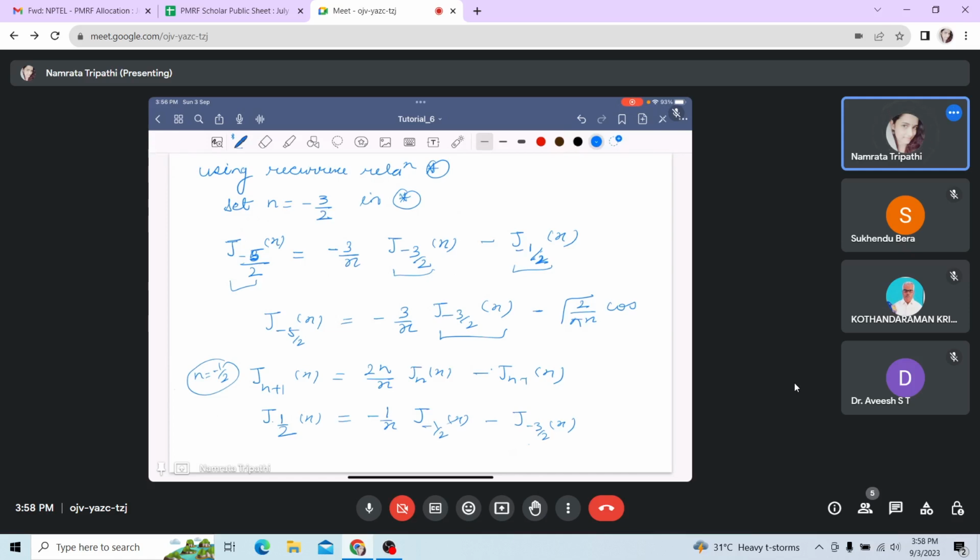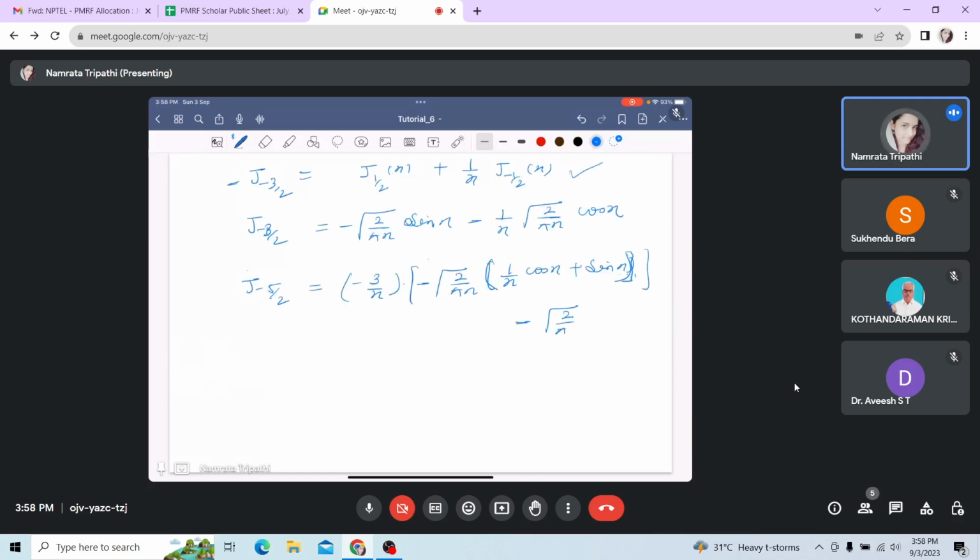Okay. And here we have also. Now you can take the coefficient of cos of x and sine of x. First of all, you have to take outside, multiplying this.